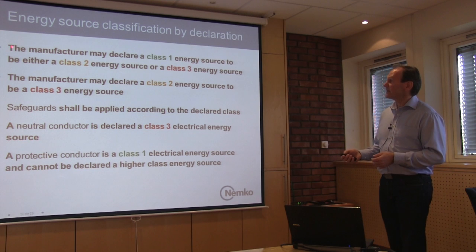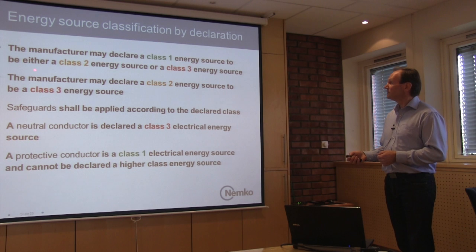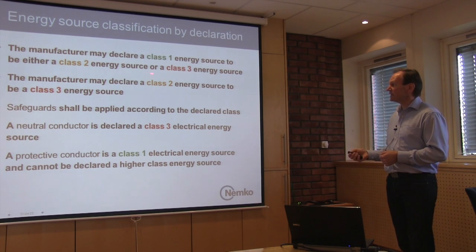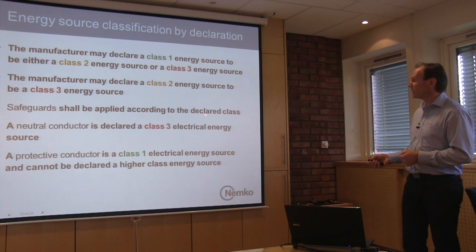But the manufacturer may declare a class 1 energy source to be either a class 2 or a class 3 energy source. Of course, the manufacturer may also declare a class 2 to be a class 3. But then the safeguards have to be applied according to the class declared by the manufacturer.